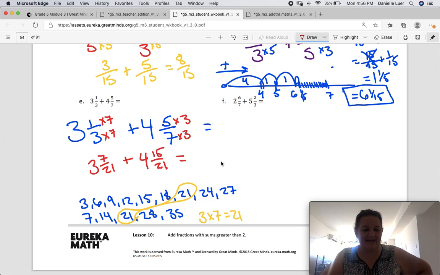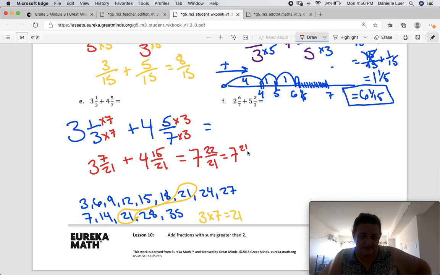And then I can add across here, 3 plus 4 is 7, and 7/21 and 15/21 is going to actually be 22/21. Oh, do you see that? That is an improper fraction. So I definitely want to change that to 21/21 plus 1/21.